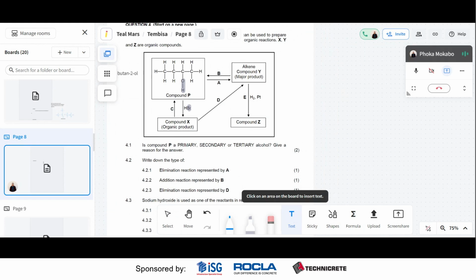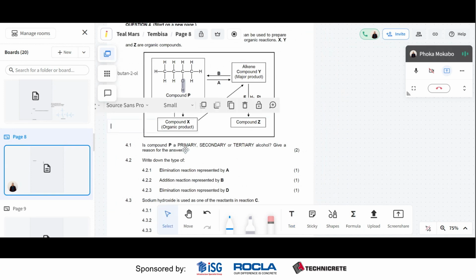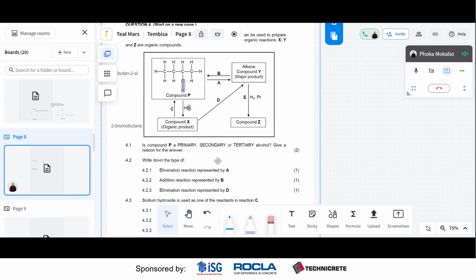My apologies, slipped my mind for a second there. And in this case, we end up with 2-bromobutane, and that would be compound X.